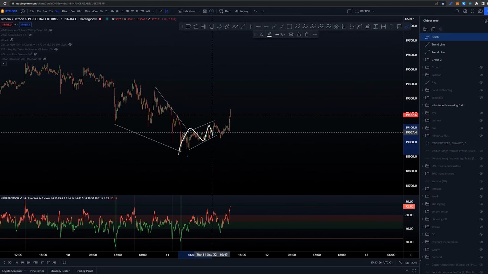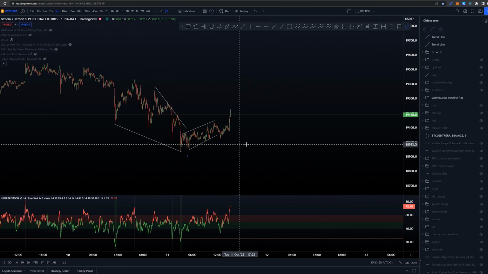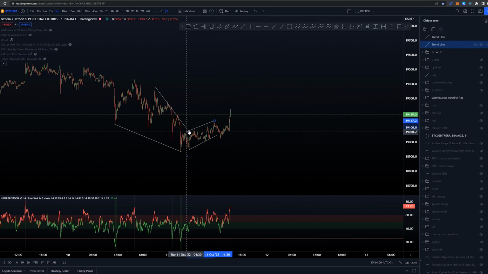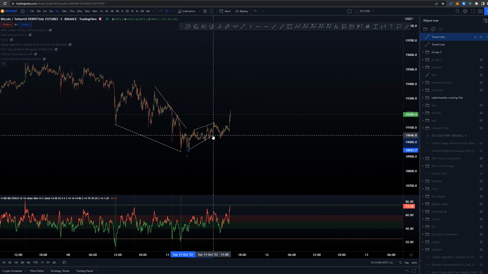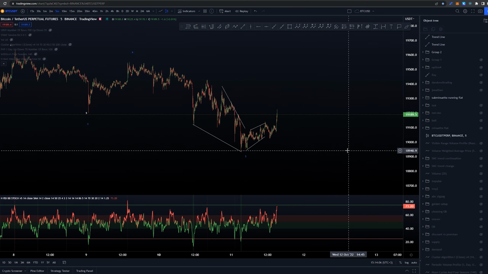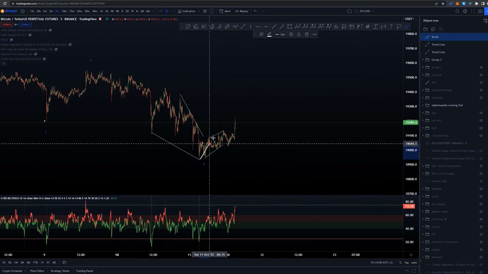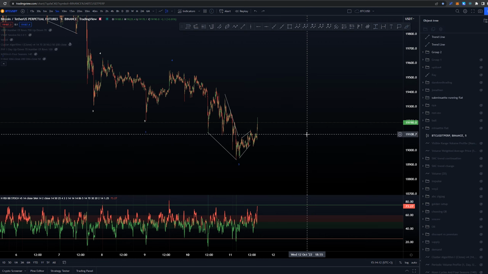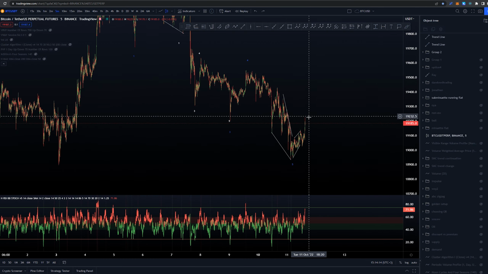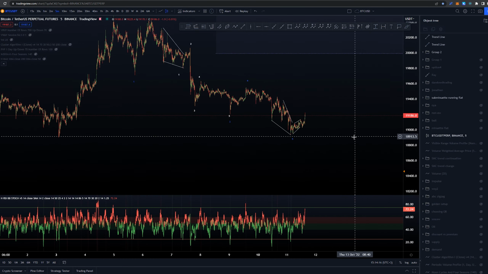Maybe this is 1, 2, 3, 4, 5. Yeah, it doesn't really have a good look into it, in my opinion. But yeah, that is something that we might just have to deal with at the moment. And then this would be a wave 1, 2, 1, 2, 3, and so on. Or just an ABC, of course, that could be happening as well.